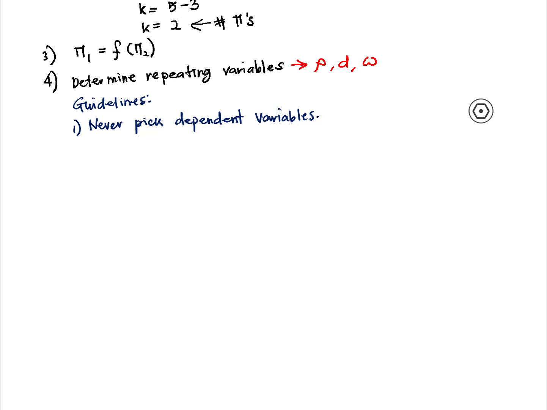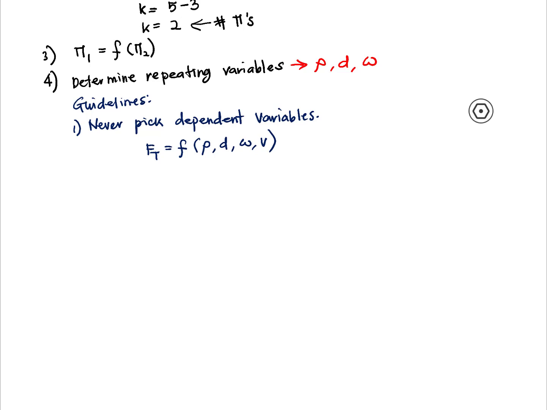Let's take a look at our question. We have Ft as a function of density, diameter, rotational speed, and velocity.